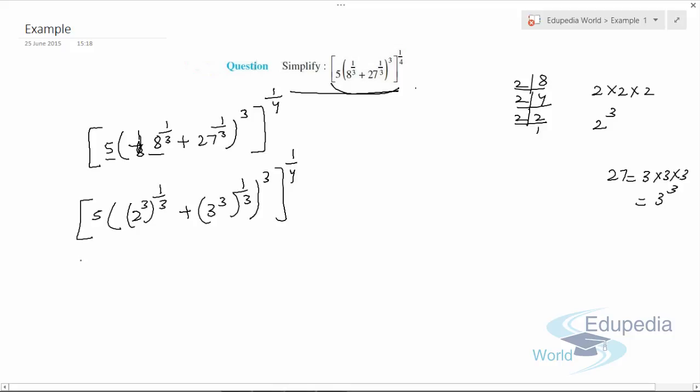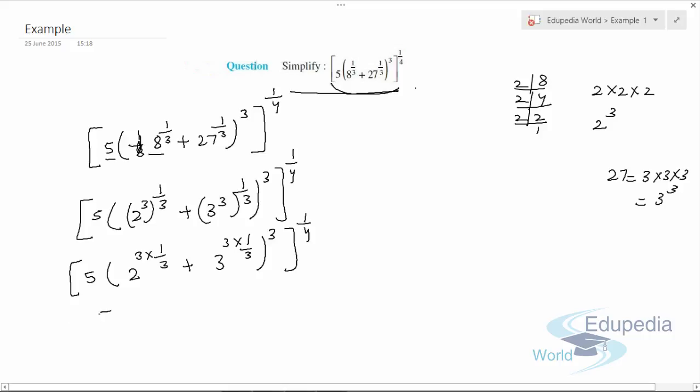Now this can be written as again 5 into 2 raised to power 3 into 1 by 3. Why? The powers will get multiplied. Plus 3 raised to power 3 into 1 by 3, bracket close power 3, again bracket close whole power 1 by 4.